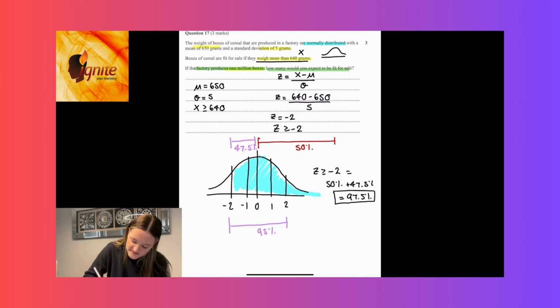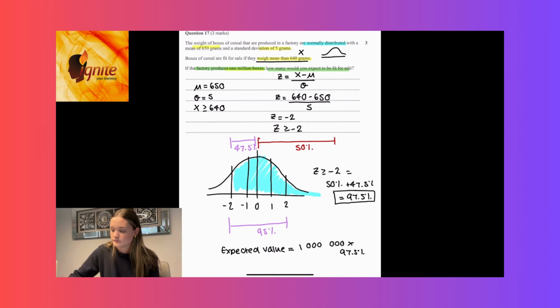So we would go: expected value is equal to 1 million times 97.5%. And therefore you get 975,000 boxes of cereal that you would expect to be fit for sale.